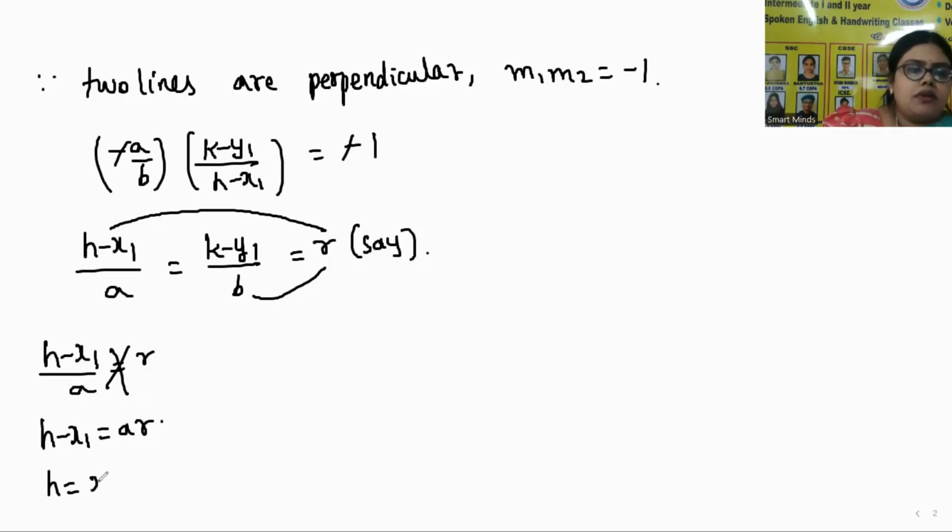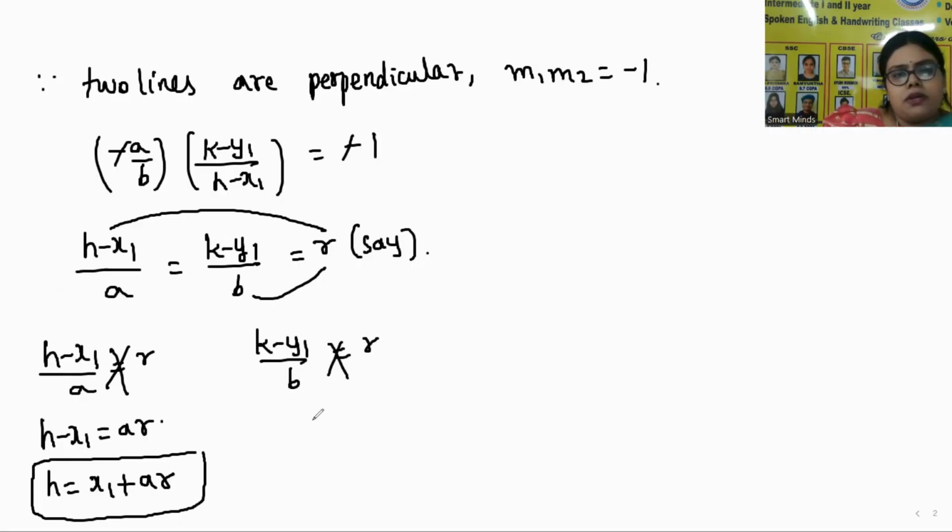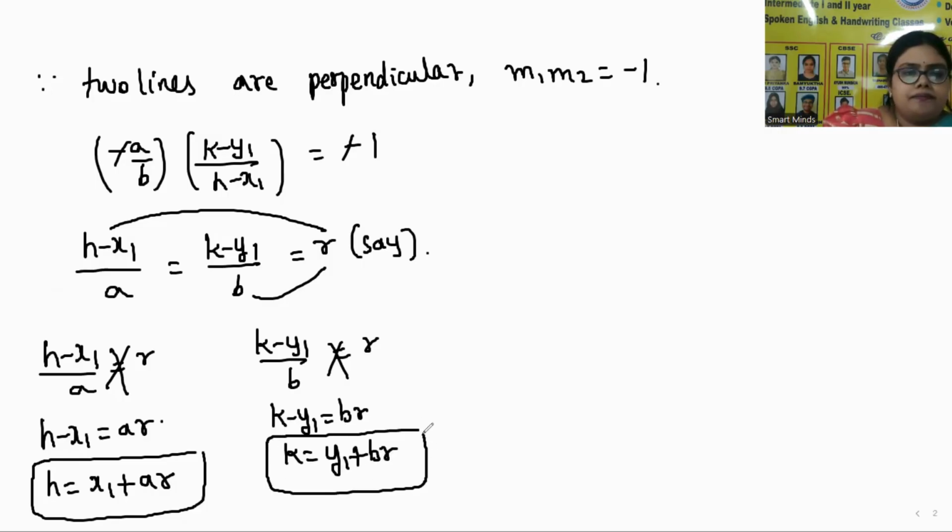Then h = x1 + ar. We got the h value from here. Now if I take (k − y1)/b = r, cross multiply, k − y1 = br and k = y1 + br. We got both the values.